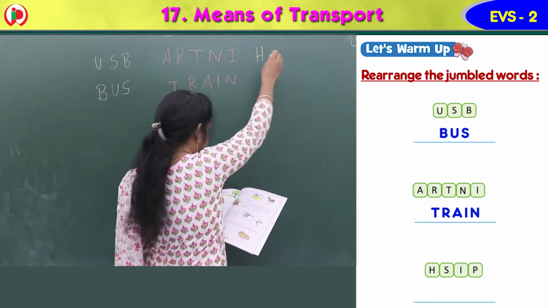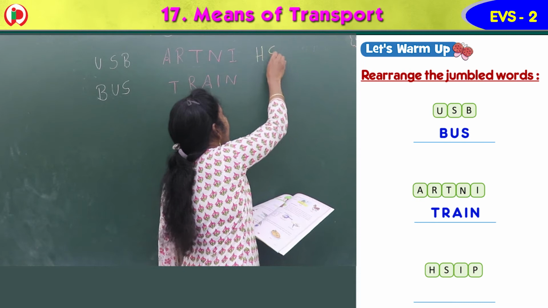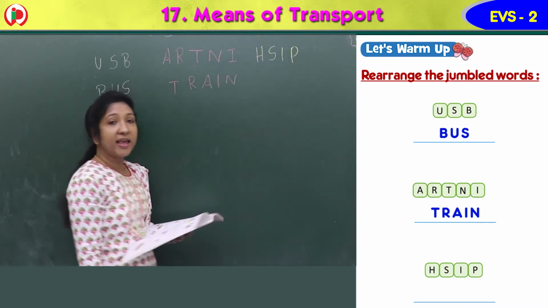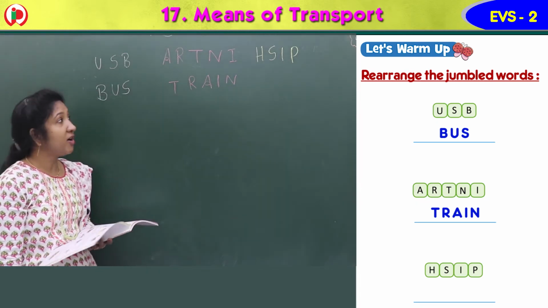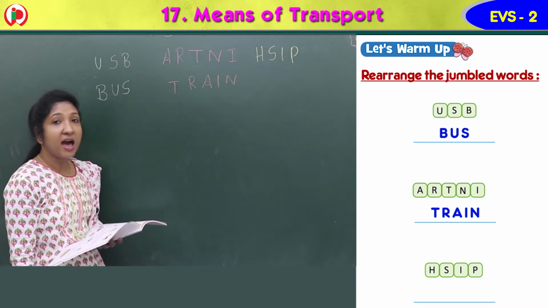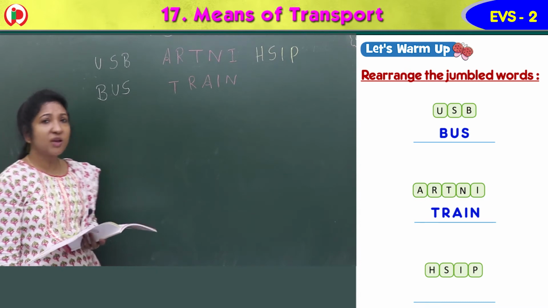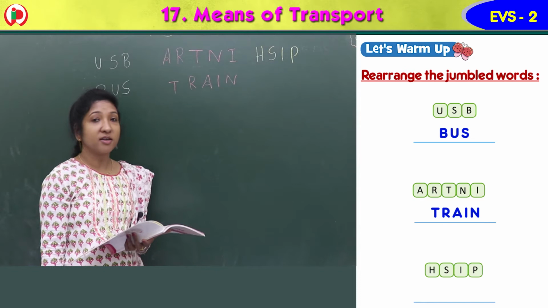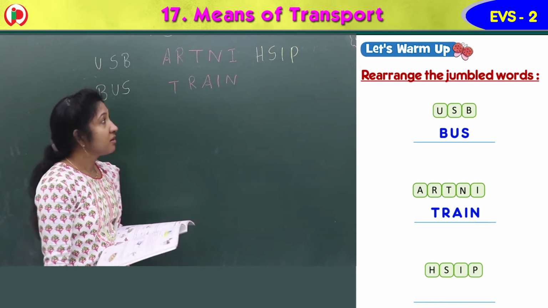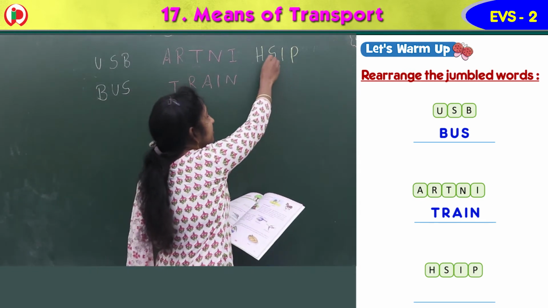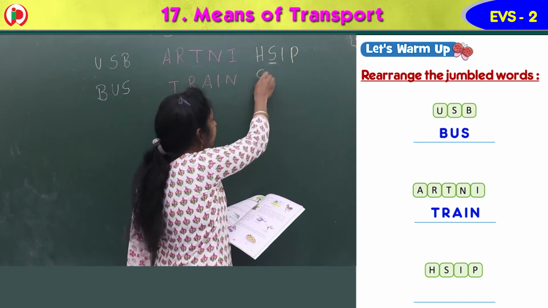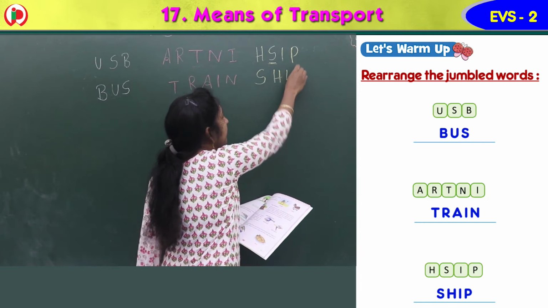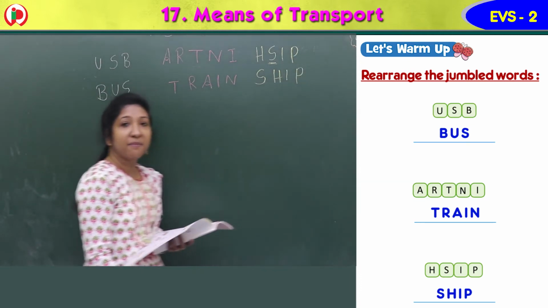Now come on, next one: H, S, I, P. Can you arrange these letters in the correct order? It is a water transport, something that moves in water. Yes, the first letter can be S, then H, then I, then P. What is that?